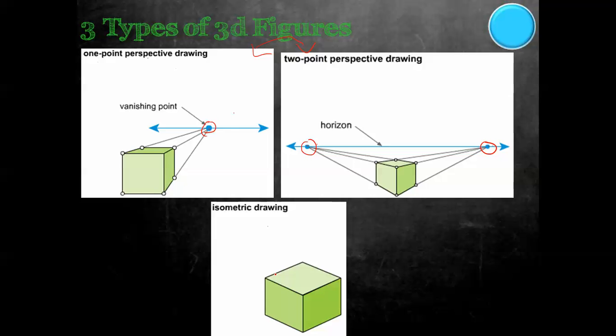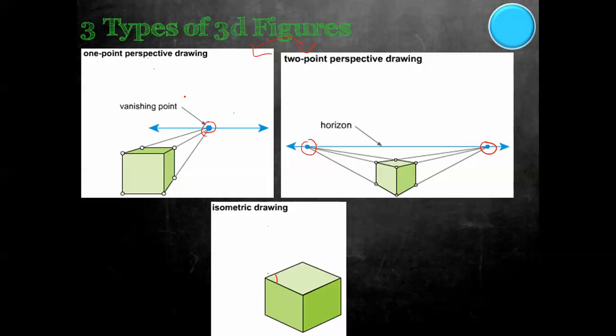So if you look at these angles right here, we know that these are 90 degrees, but in an isometric drawing, they're not drawn exactly to that. In a perspective drawing, the angles are not necessarily any type of angle. We know that it is 90 degrees, but if we were to actually measure it, it wouldn't be the same every time. But on an isometric drawing, it is.